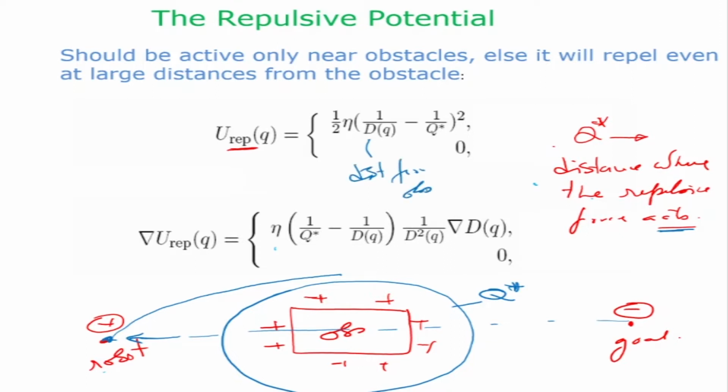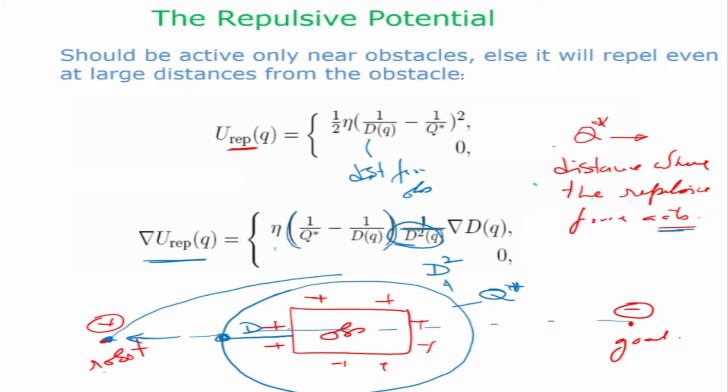So if I take the grad of this, what I get is eta into 1 by q star minus 1 by d, and the whole thing in brackets into 1 by d squared. So please note that there is a d squared there. d is the distance between the robot and the obstacle. So when the robot comes into this distance d, the force is going to increase very, very quickly because it's a d squared.